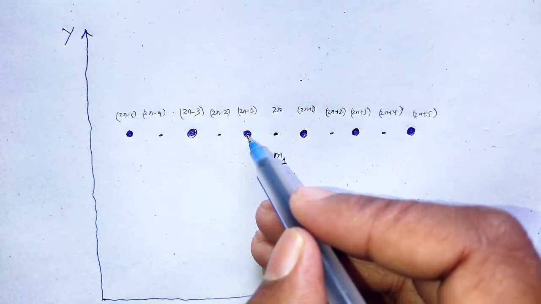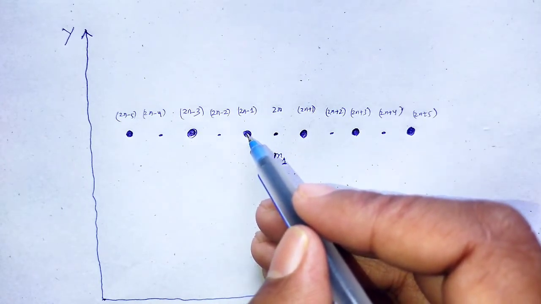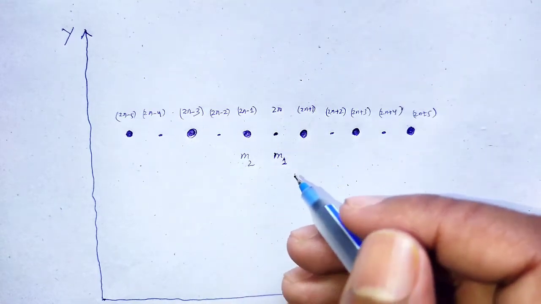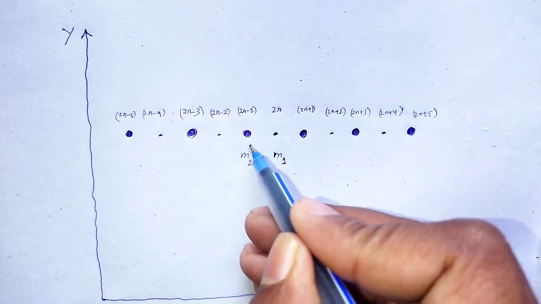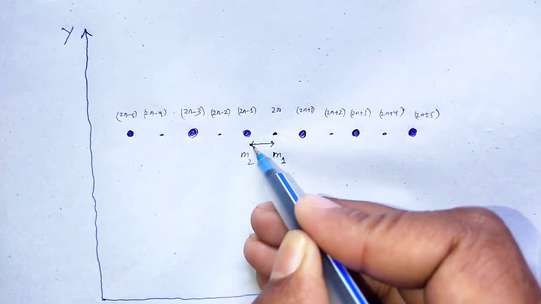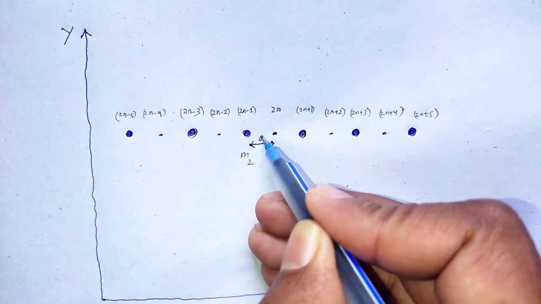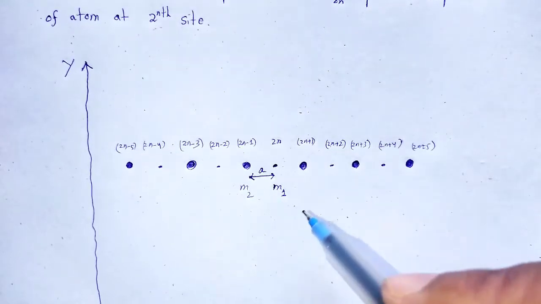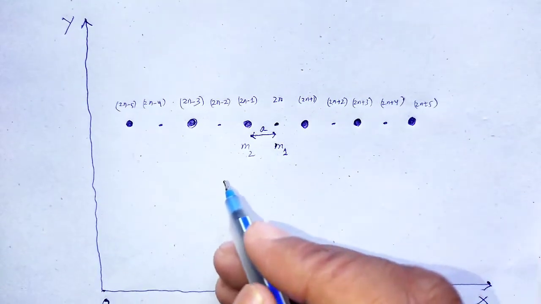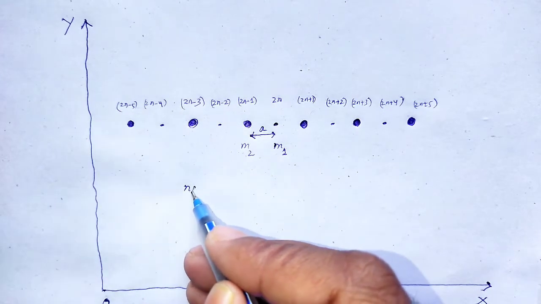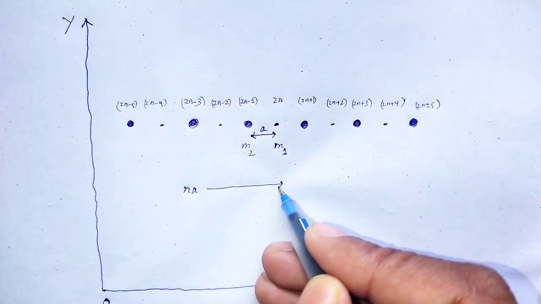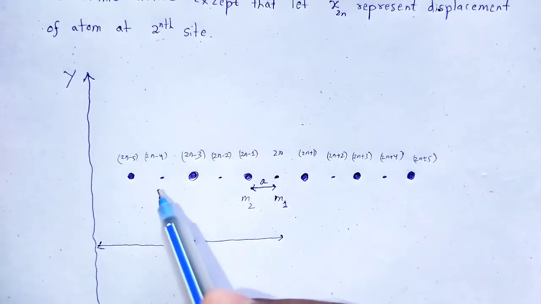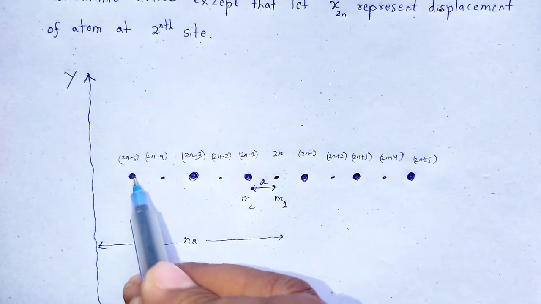The larger one be M2, and the spacing between these two is small a, and that is present at a distance of Na from the origin, and these are connected by springs.